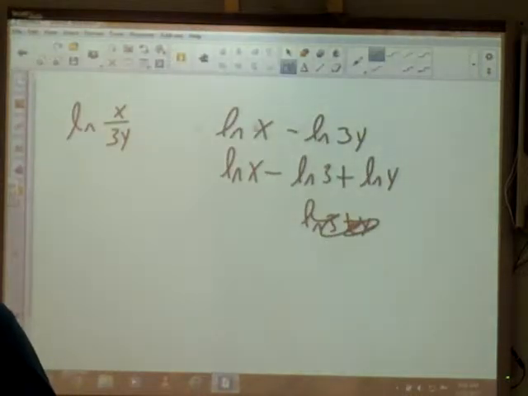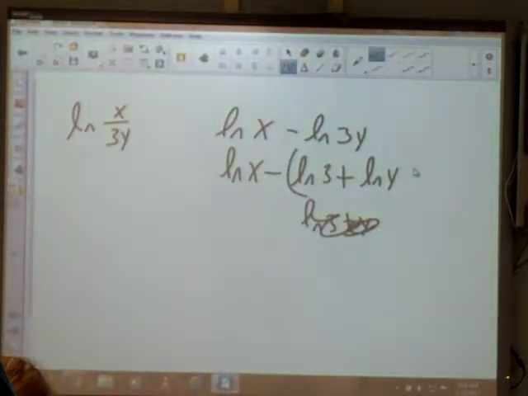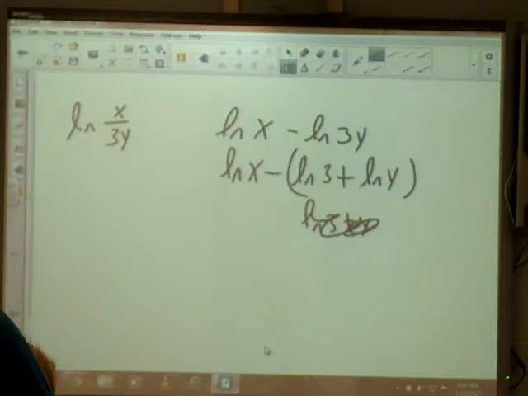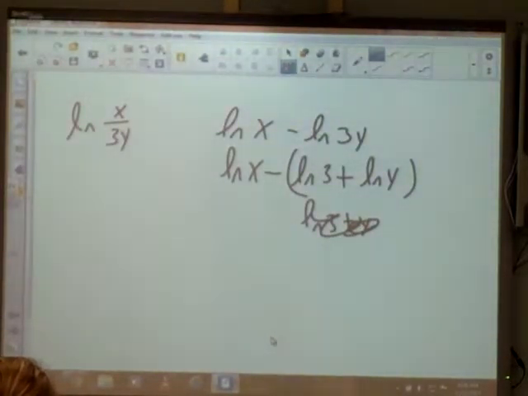The way this is x divided by 3y, so we have to divide by both of those pieces. So to show that here, we would need to put that in parentheses, because if not, my order of operations would have just gone left to right. So that's a good job on that. Very swift.